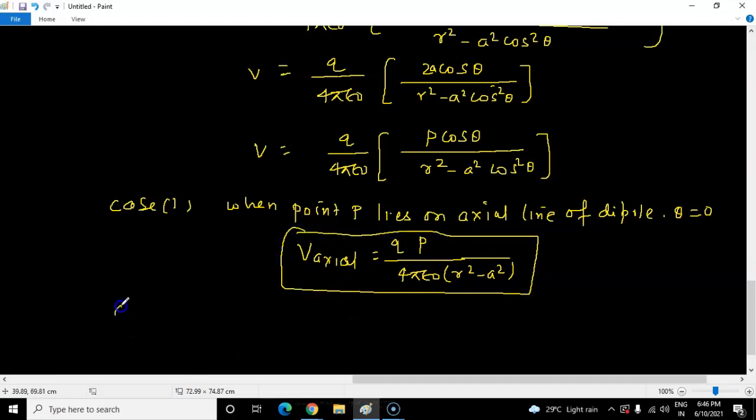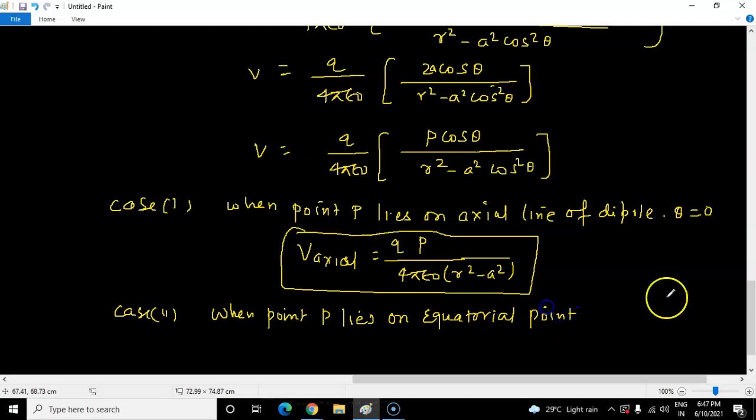And in case 2, the last case, when point P lies on the equatorial point. Equatorial point means it lies on the perpendicular bisector through O. So at that time, you should take this as A and this as R, so the distance is root of R square plus A square.